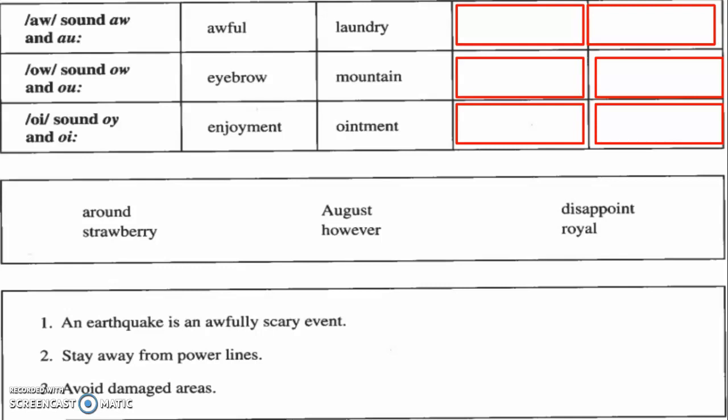Enjoyment, ointment. You're going to complete the rest of the boxes using the words in the word bank. Let me read those for you. Around, August, disappoint, strawberry, however, and royal.